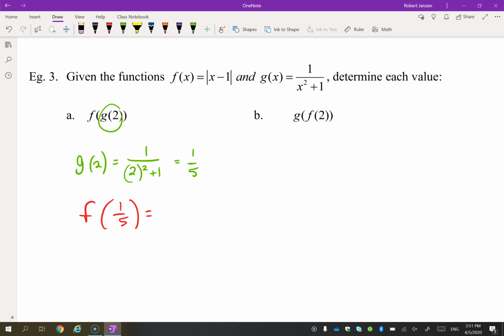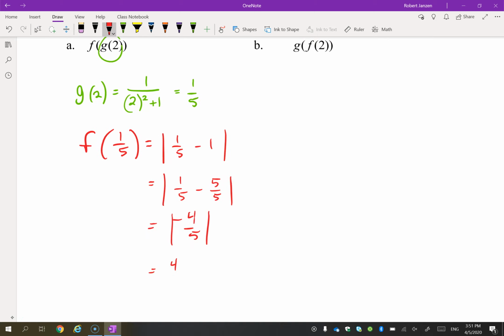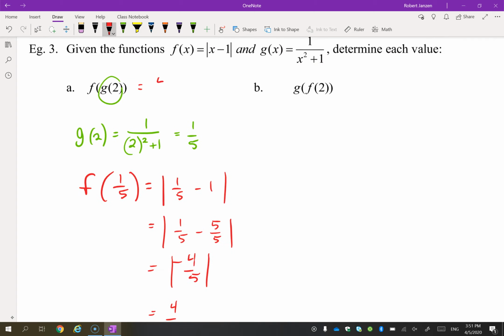Okay? So that's 1/5, take away 1. Let's find common denominators. 1/5 take away 5/5. So this is negative 4/5 in the absolute value, which equals 4/5. So now I can answer this is 4/5.